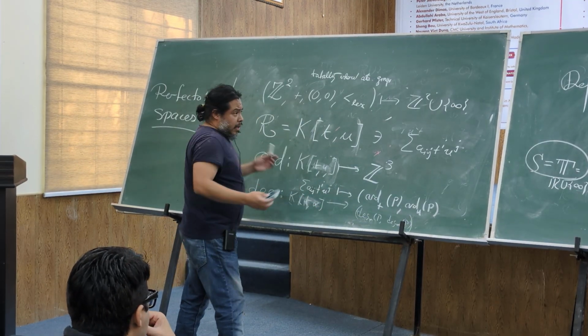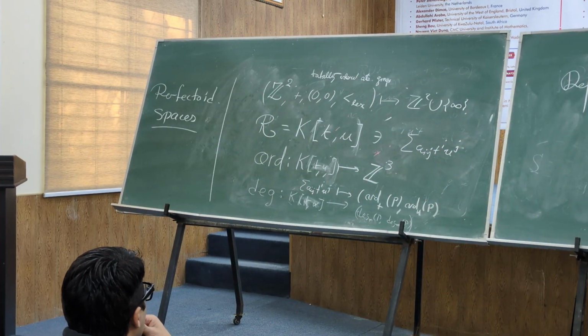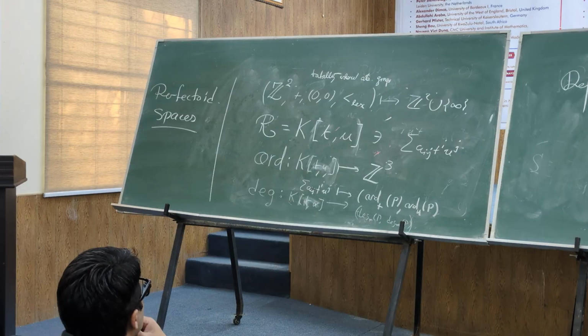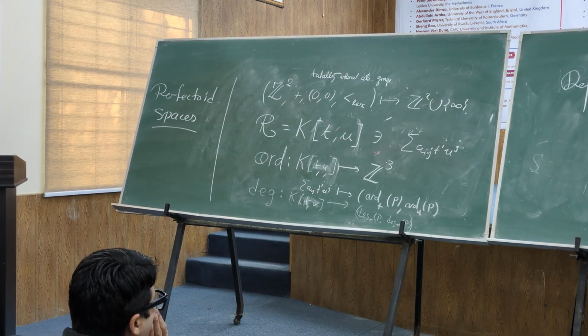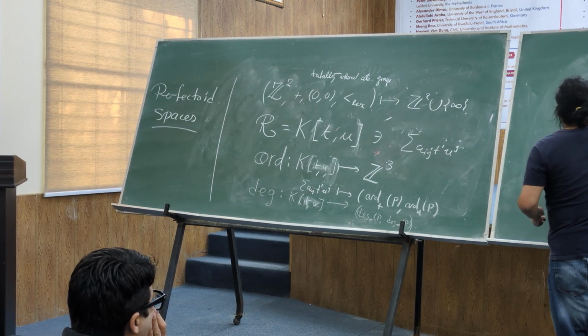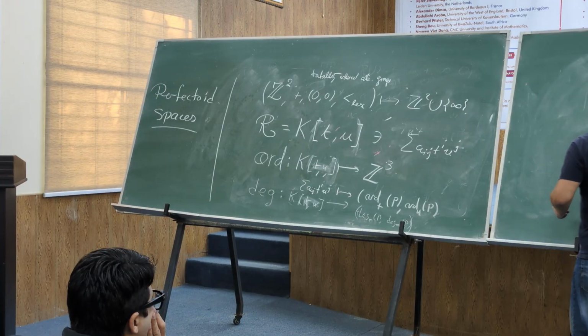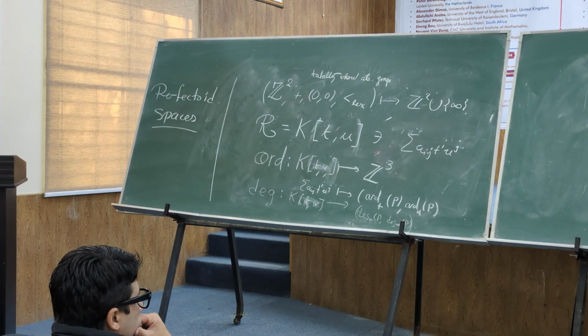To fix ideas, let me do it just for one variable. And this is going to be necessary because I need to perform a change in notation for tomorrow's lecture. So imagine that you have R[x] and you have the degree function which goes to Z or to the natural numbers union infinity, minus infinity.